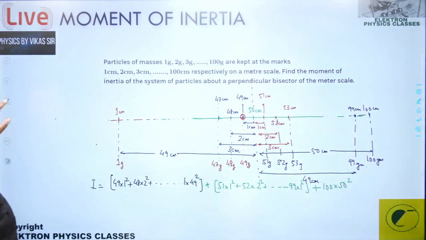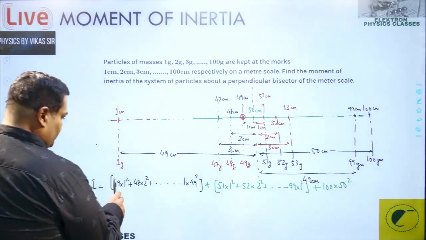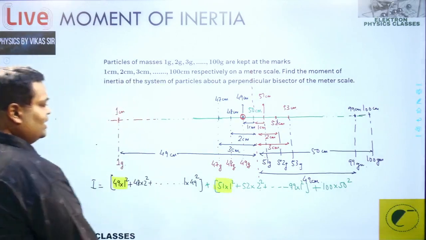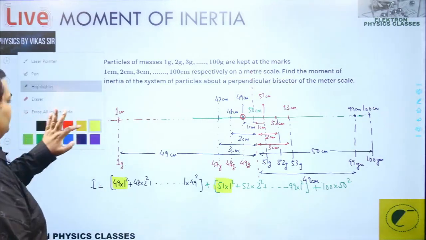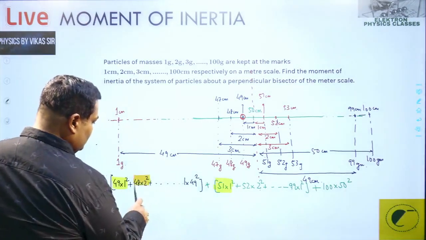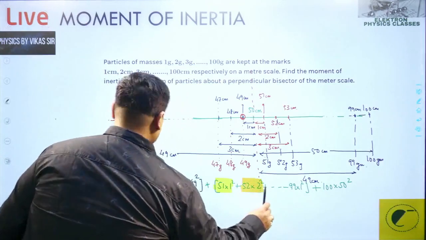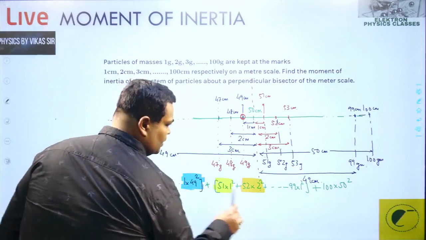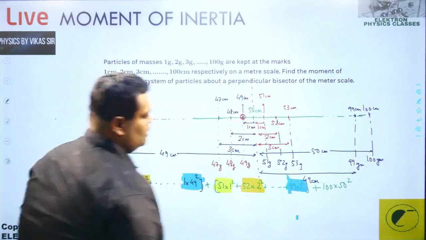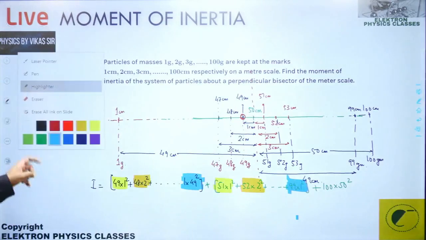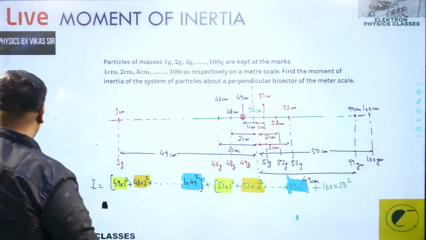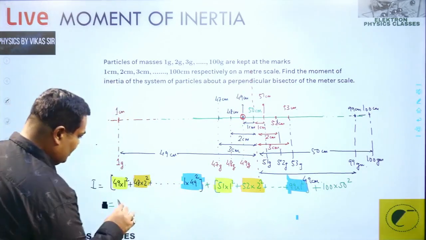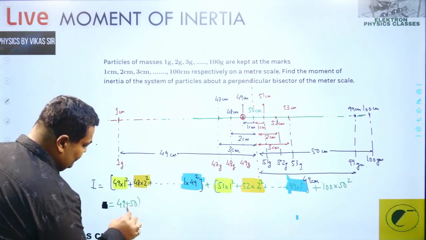Now, if you check carefully, you can combine this, then you can combine this, then you can combine this. If you combine these terms which I have written for you, what do we get? Combining these terms, this one, 49 and this one, that becomes 49 plus 51 into 1 square.